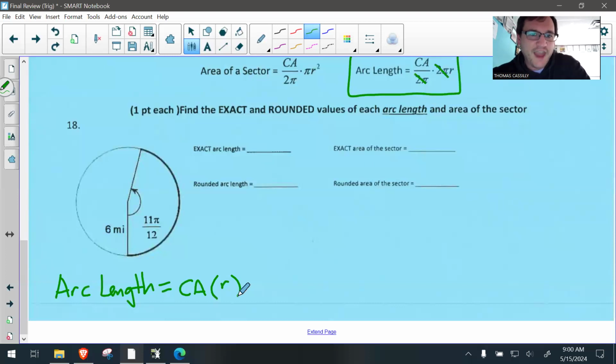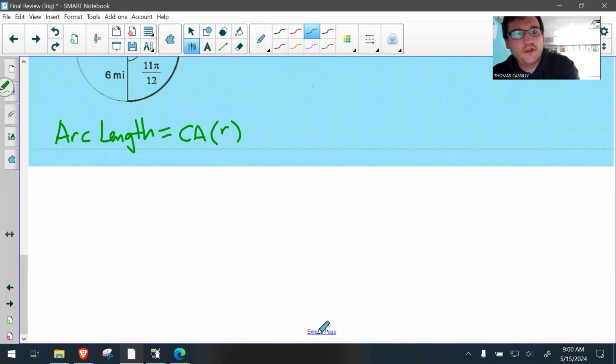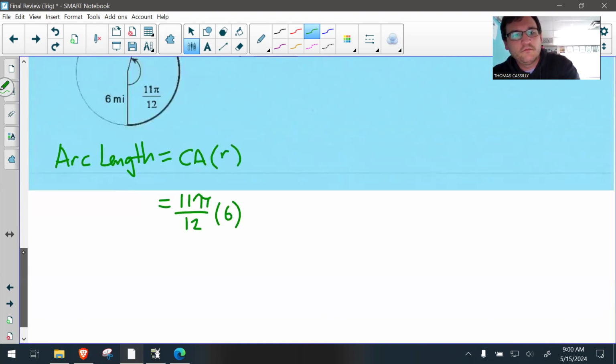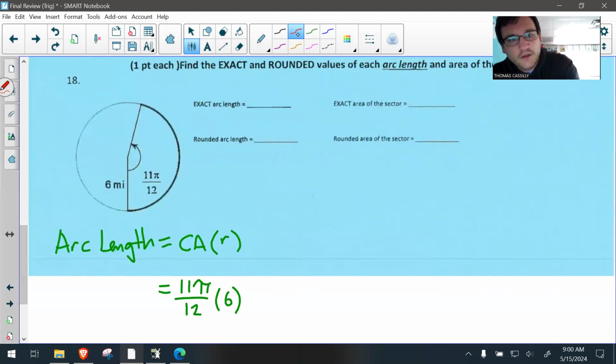All right, so the exact arc length here is just, let me extend this down. The central angle here is 11 pi over 12 times 6. So this right here is your central angle. A lot of times we use a theta for that, and the 6 is your radius, right?